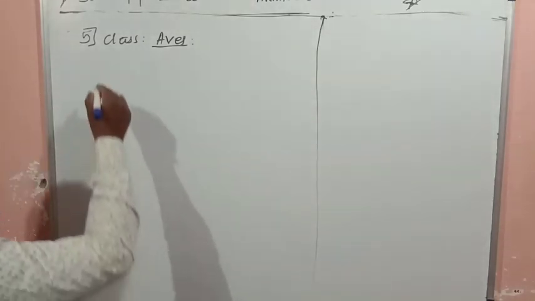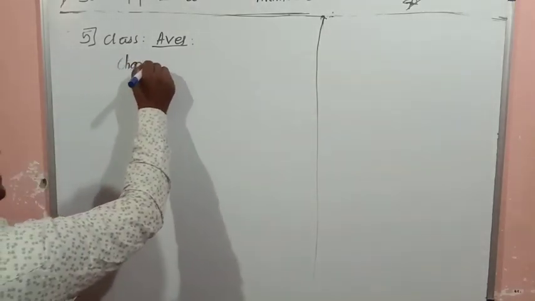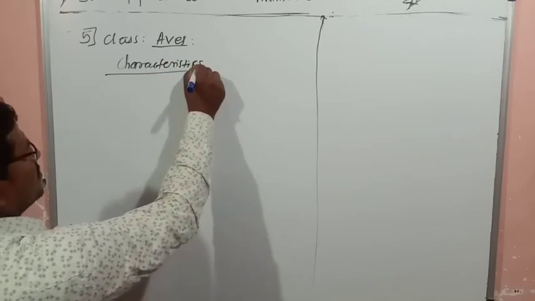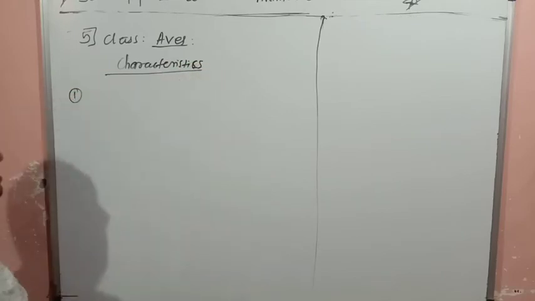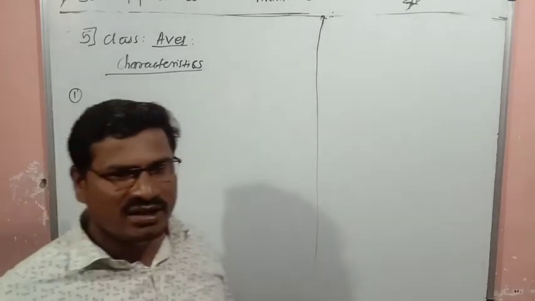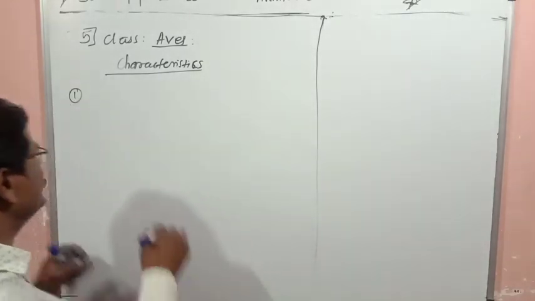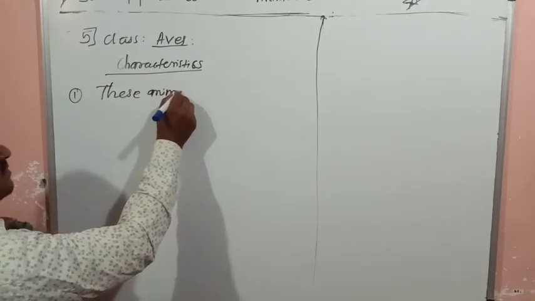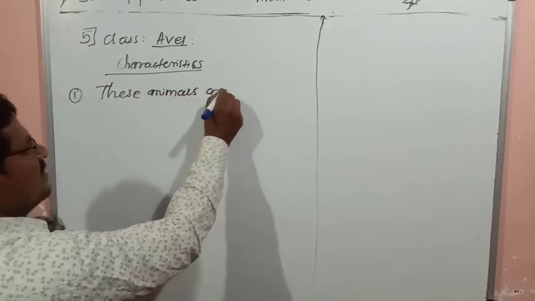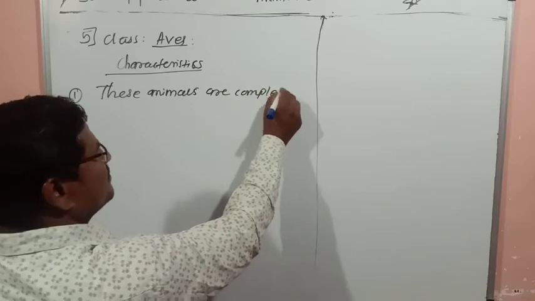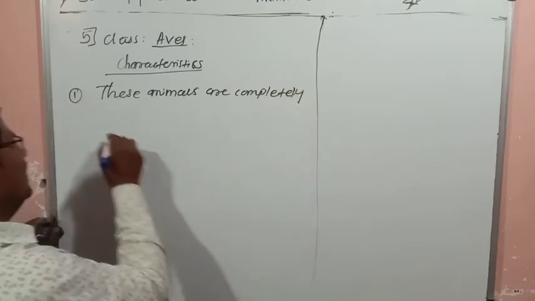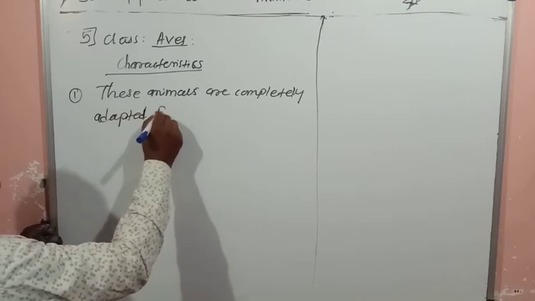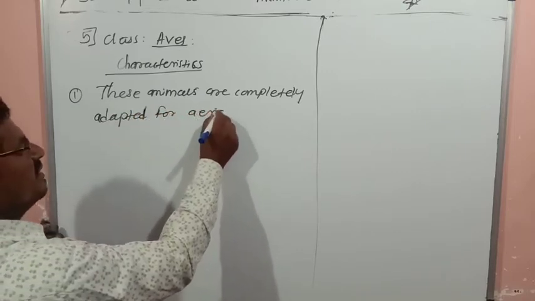We'll write the characteristics. What are the characteristics? First one, these animals are completely adapted for aerial life.